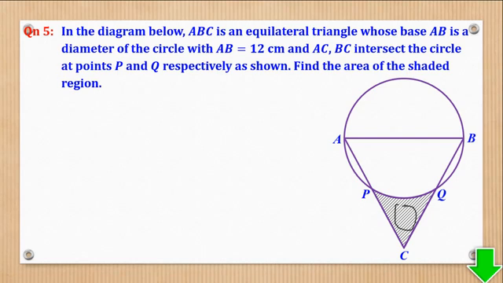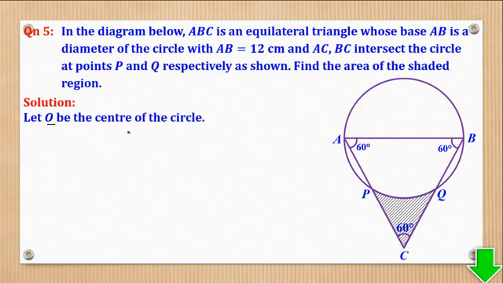To get this area, we shall need to first get something. So we're going to first say, for an equilateral triangle, interior angles are 60 degrees each. Let O be the center of the circle, so you put O here.